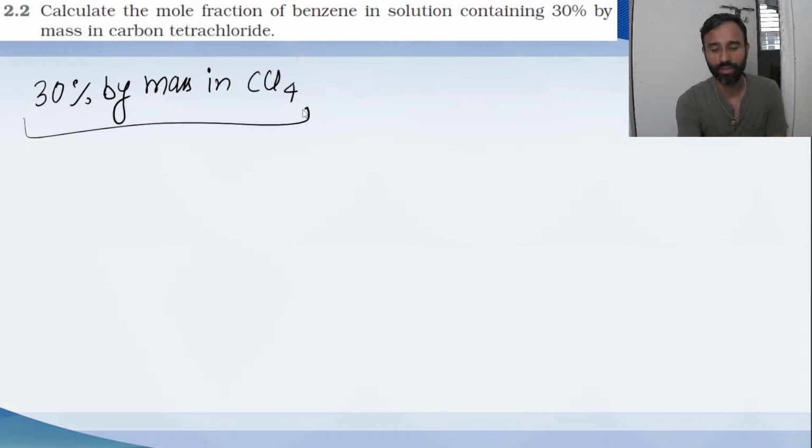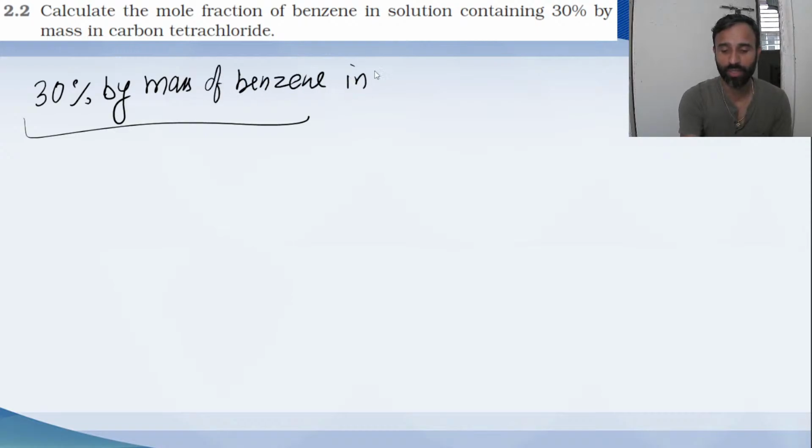तो मोल फ्रैक्शन निकालना है आपको किसका? 30% ऑफ बाय मास. किसका है 30% बाय मास? ऑफ बेंजीन. Okay, so 30% by mass of benzene in CCl4.